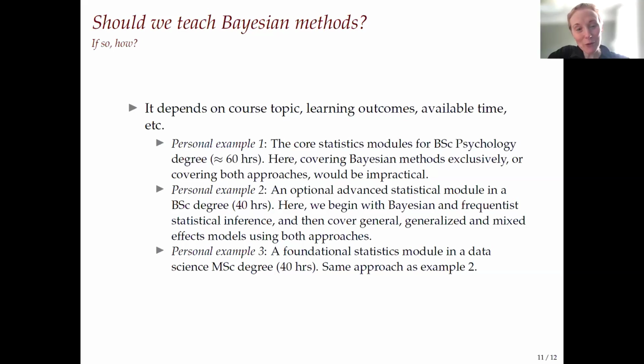Have you had any examples of students being confused by the differences between Bayesian and frequentist inference? And how do you deal with that? Yeah, so for example, credible intervals and confidence intervals, which was mentioned in the question, is a good example of where people get completely bewildered by the distinction.